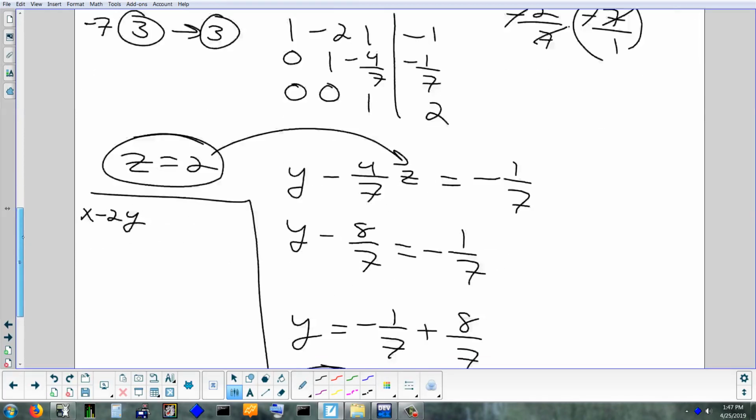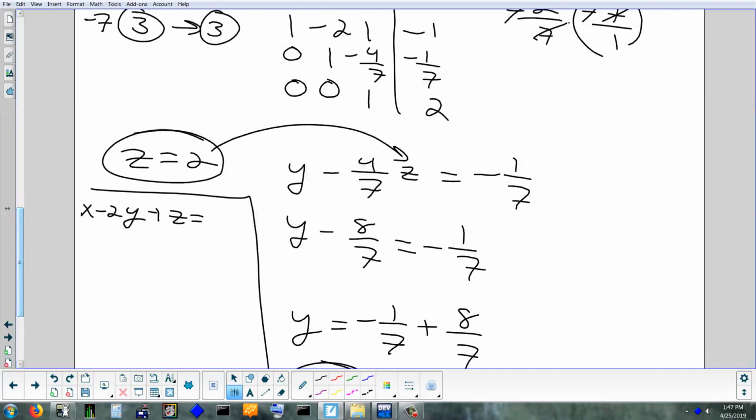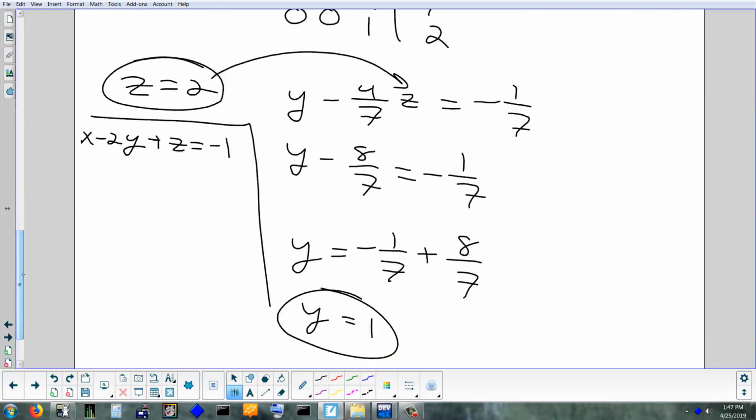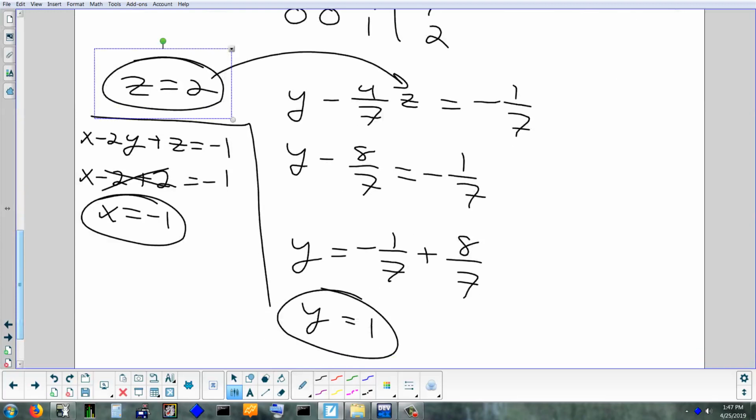So yeah, 1x minus 2y plus z. All right, and now fill in what we got. X we don't know. What's 2 times 1? 2. Z is 2. Negative 2 plus 2, what happens? That's gone. We get x is negative 1.